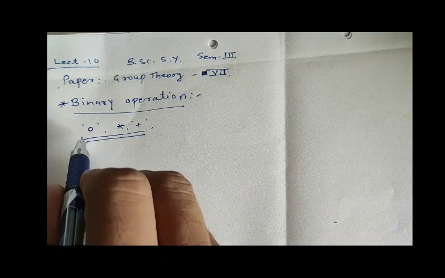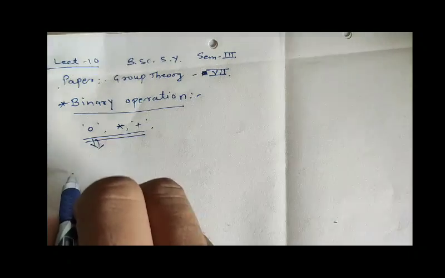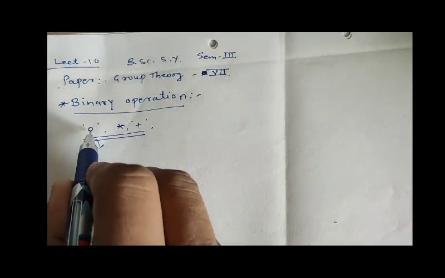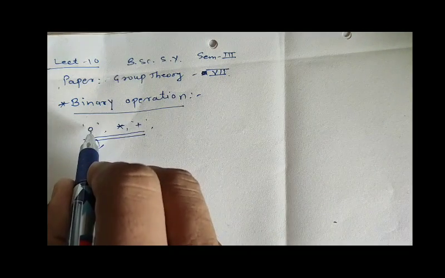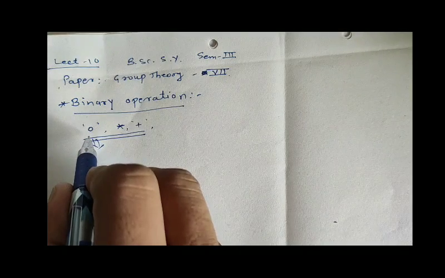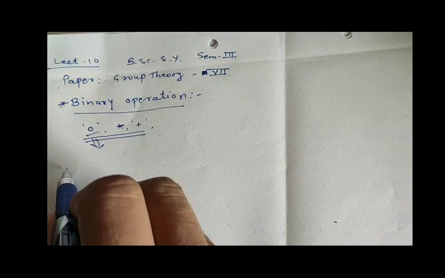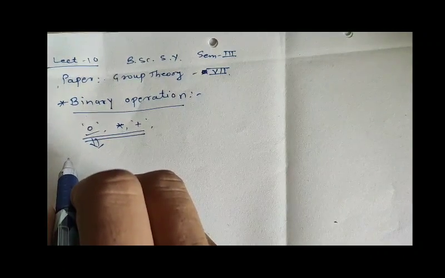But generally we use this symbol, a very small circle, and in our syllabus book this symbol is used frequently or compulsorily. So what is meant by binary operation?